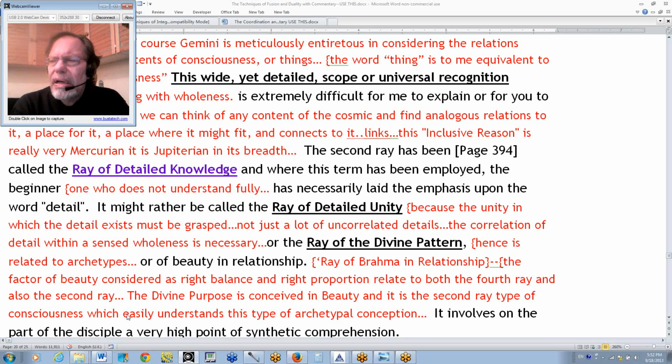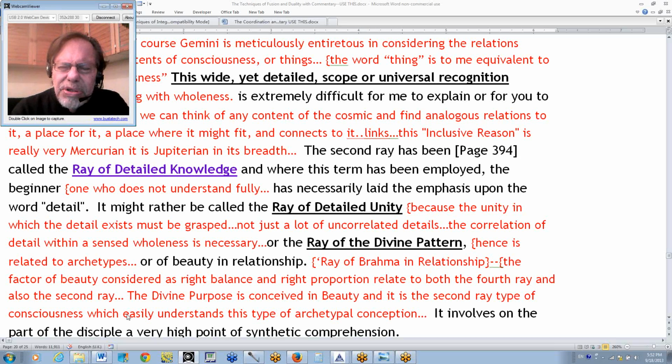Why is it there? And if that is the case, we will not have beauty. But with the second ray, we have the kind of sensing of the detail, sensing of the unity of the detail, which reveals the beauty of that detail and why the detail is placed as it is. So there's the sense of wholeness and the sense of detail simultaneously, and you must have both in order to have inclusive reason or pure reason.